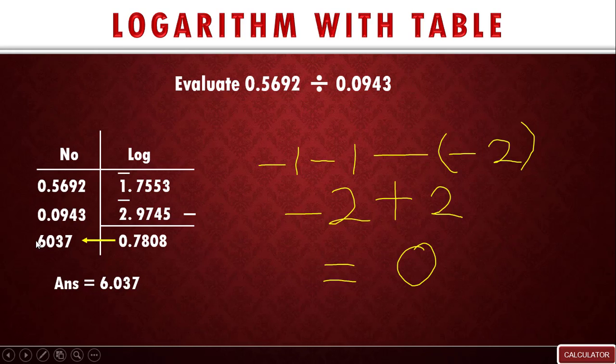So we count to the right hand side from here. Since it's only 1, we are counting from this place, that's before the 6, and then we count 1 place. So this is where our point will be, 6.037. That's the reason why we have this as our final answer.